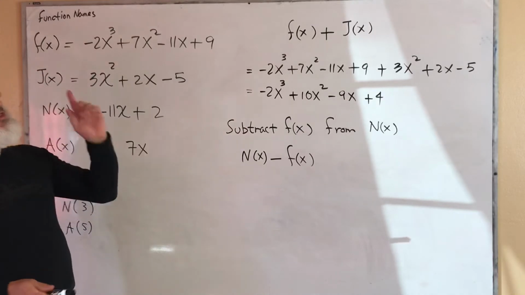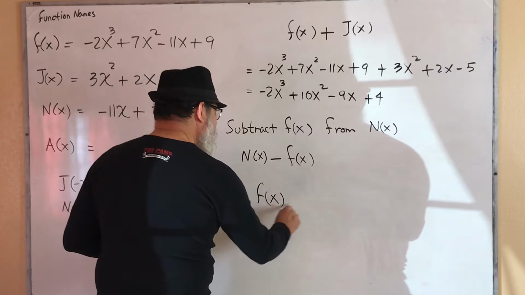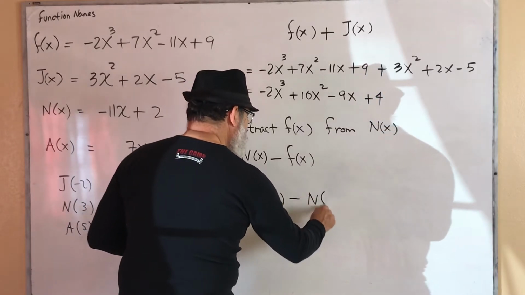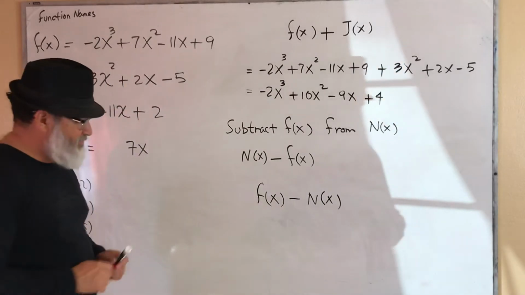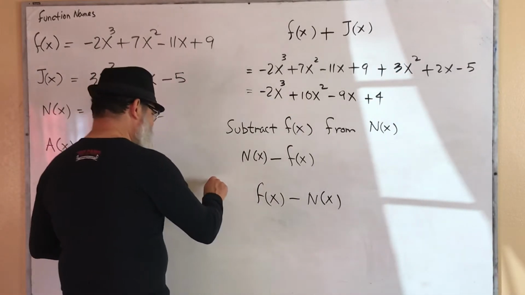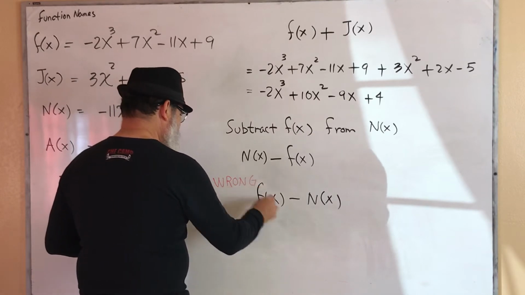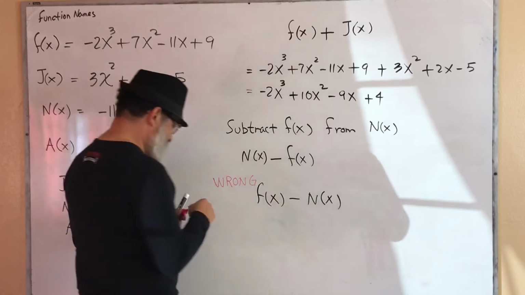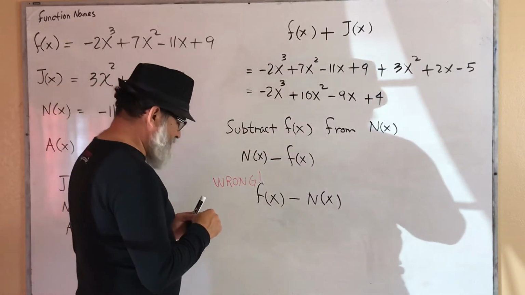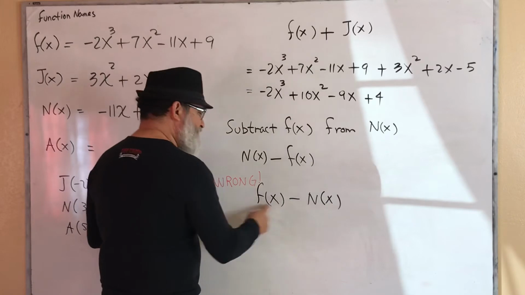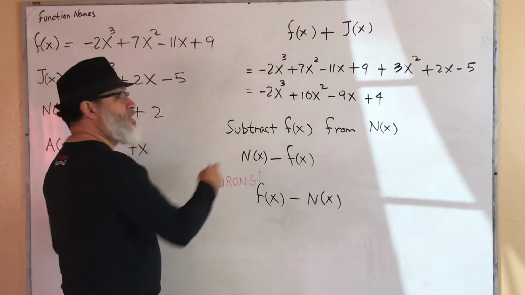If you write it the other way, like this, that's wrong, because here you're subtracting Norma from Frank. That's not what it says.